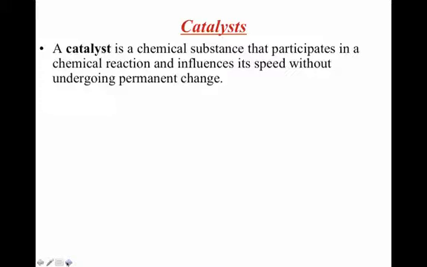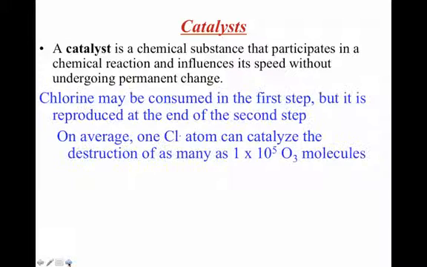What is nice is that you have a species that you introduce at the beginning and then is probably consumed during the reaction, but at the end it's reproduced again. So a little dab will do ya, and it is a very, very efficient method for controlling a chemical reaction. So please know the definition of a catalyst.